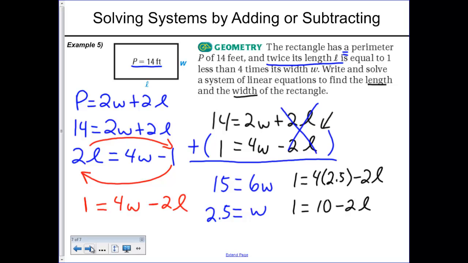Subtract 10 from both sides. We end up with a negative 9 is equal to negative 2L. Divide both sides by a negative 2, so negative 9 divided by negative 2 gives us a positive 4.5. So we've got one answer, a width of 2.5, and the other answer is a length of 4.5.